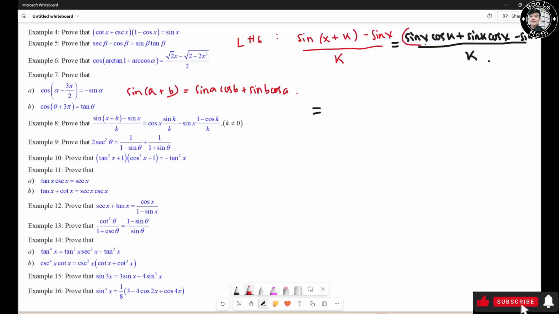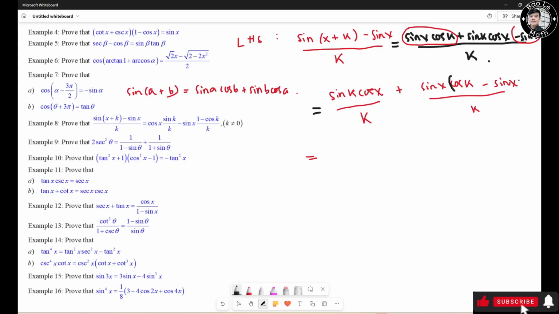Now I'm going to prove the first guy right here and the third guy right here. So I have sine k cosine s right here plus sine s cosine k minus sine s. Then I separate this guy. It's going to be k over here and k over here, right? So then I factor the second one out. If I factor sine s out, it's going to be cosine k minus 1, right?